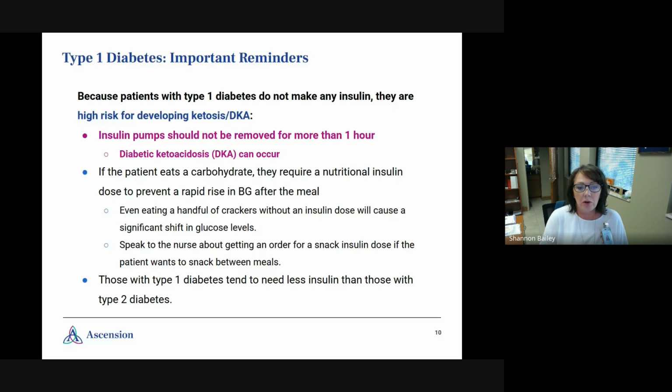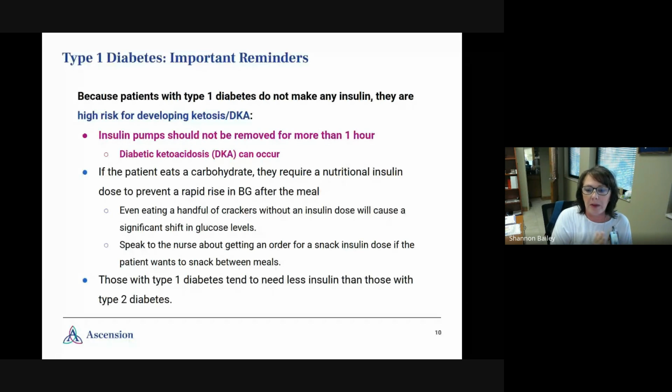Also, if the patient eats a carbohydrate, they require a nutritional insulin dose to cover that carb, or to prevent the rise in blood sugar after they eat carbohydrates. So even a patient eating a handful of crackers in the room or drinking maybe half a cup of juice can be the difference of 50 points in terms of their blood sugar for a type 1. Not so much the case for a type 2, but for a type 1, it really would.